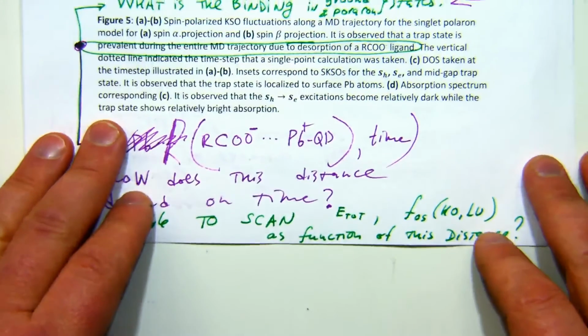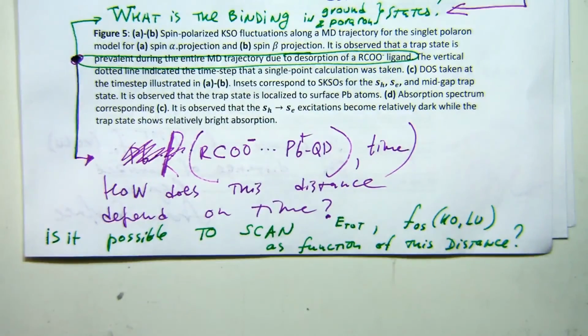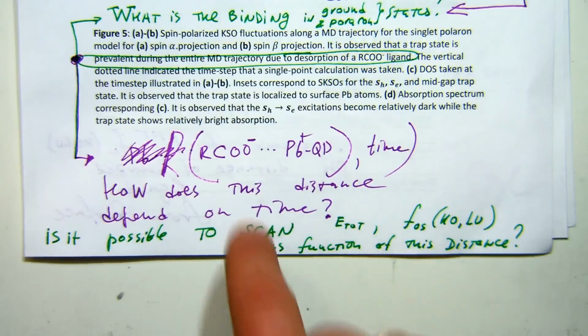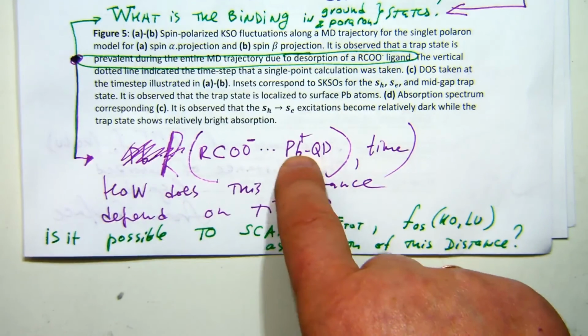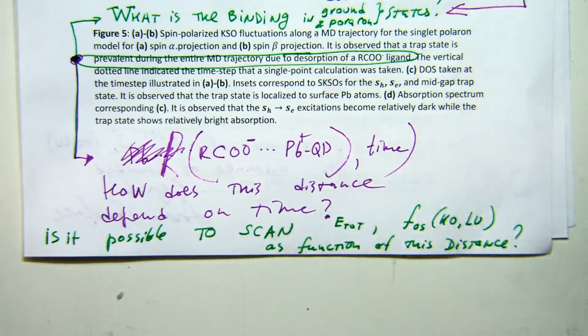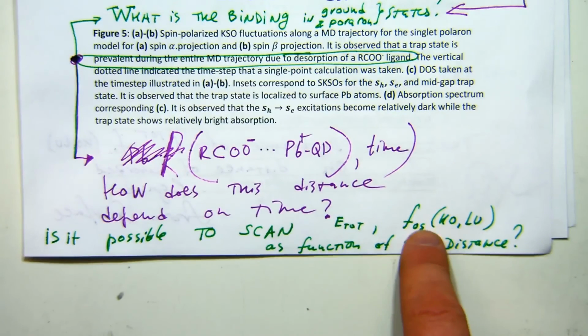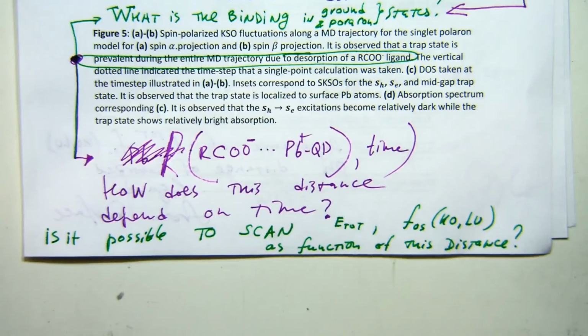You already have very valuable data without any additional calculations that you may utilize and explore further. If you tabulate the distance between this carboxylic group and lead, and put the total energy and oscillator strength as a function of this distance, it could be interesting and important data for photodecomposition.